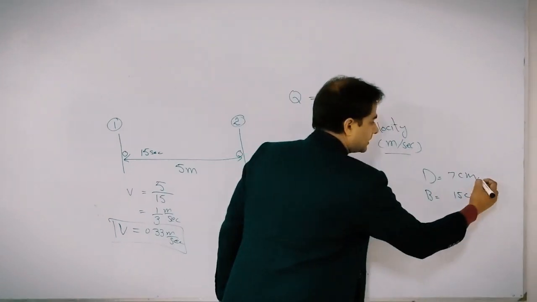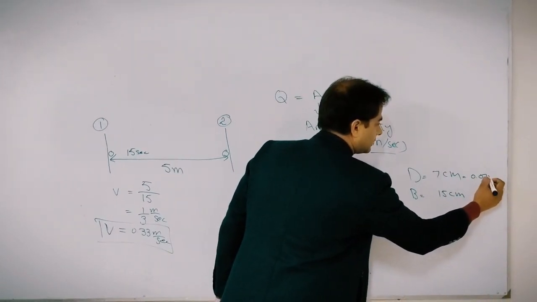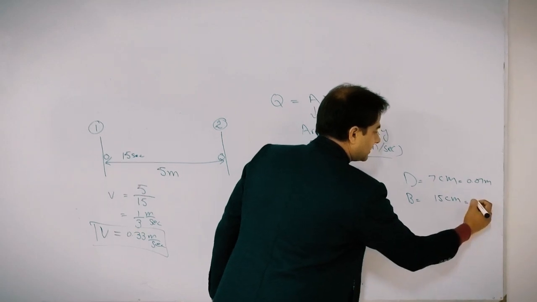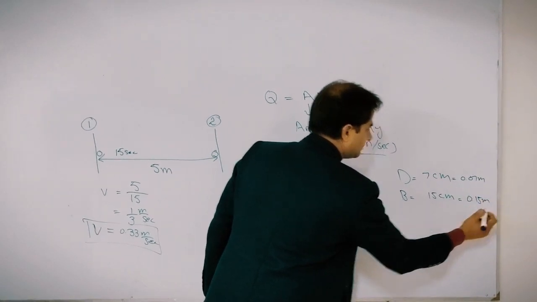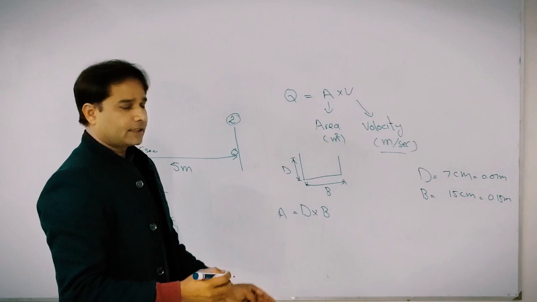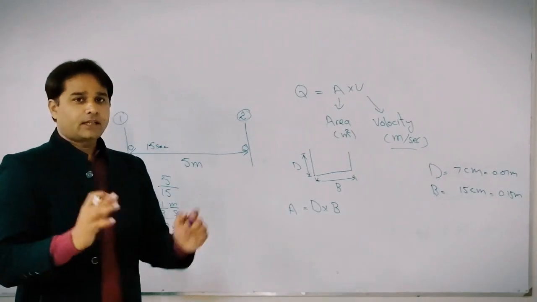So it will become 0.07 meters and 0.15 meter. From here we can calculate the cross-sectional area.